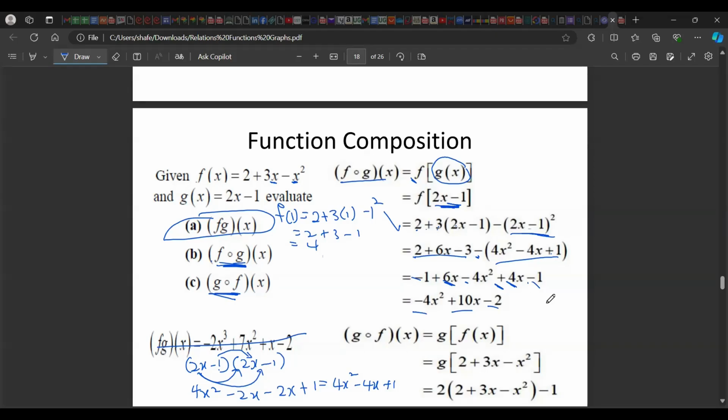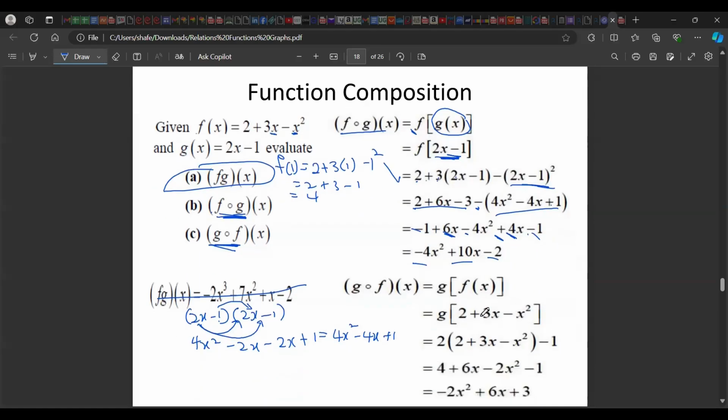Good. And then the other way around, the composite of G and F is where we put the whole of F of x in G, and this is what happens. We put in 2 plus 3x minus x squared in the place of x here, right? And that's what we do.